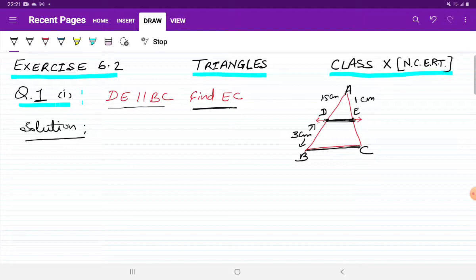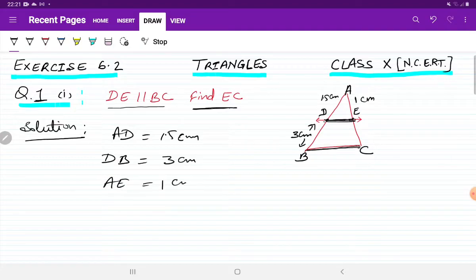In this question, ABC is a triangle in which DE is parallel to BC. We are given some sides: AD is equal to 1.5 centimeter, then DB, that is also given, 3 centimeter, and AE is 1 centimeter.